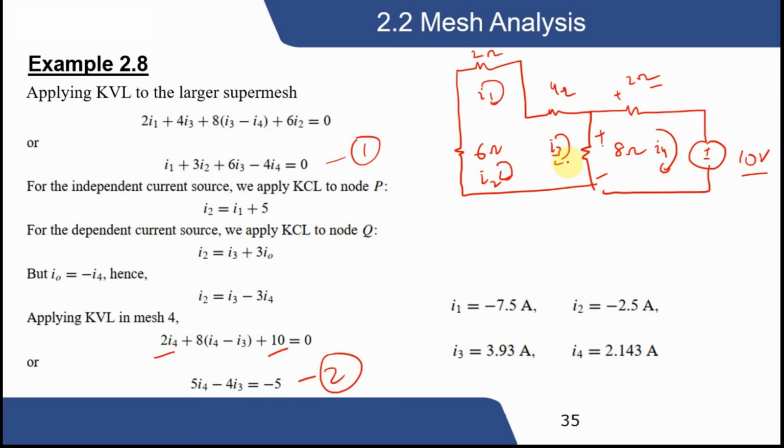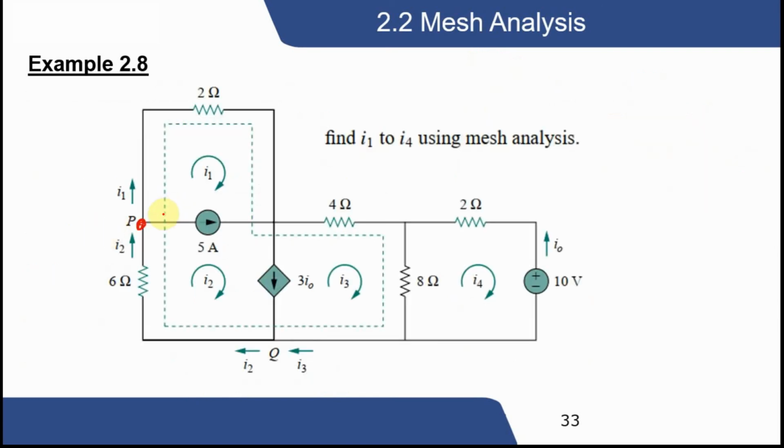First we try to use the loops, then we go for the nodal analysis. Now we apply the nodal analysis. At node P, I2 is entering, I1 and 5 A are leaving, so I1 plus 5 equals I2.